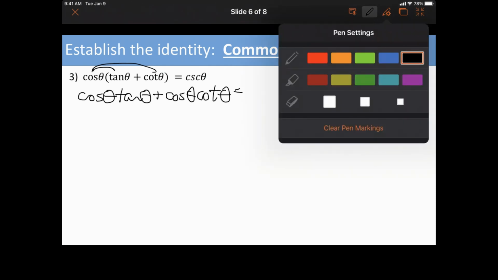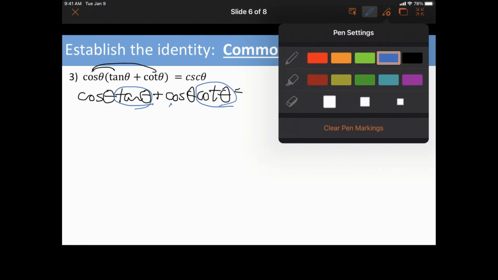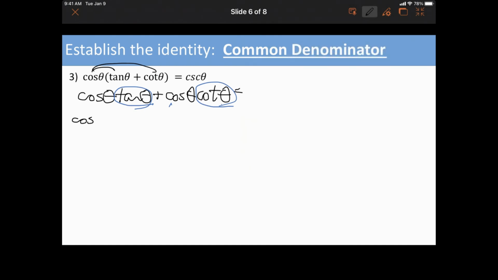So the first strategy was rewrite things in sine and cosine. So this is cosine already, but tangent, can I rewrite it? Yes. Cosine, can I rewrite it? No. Can I rewrite cotangent? Yes. Okay. So cosine theta. Tangent I can rewrite as sine theta over cosine theta.